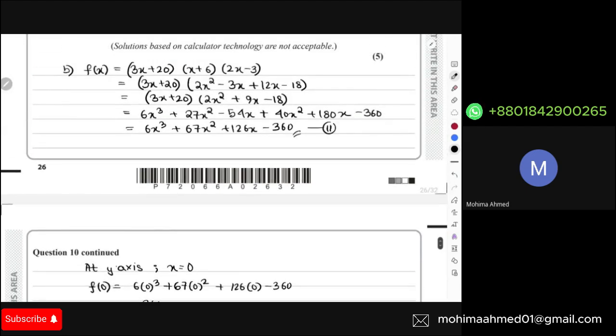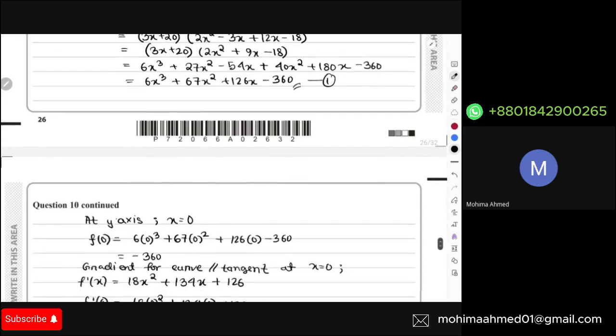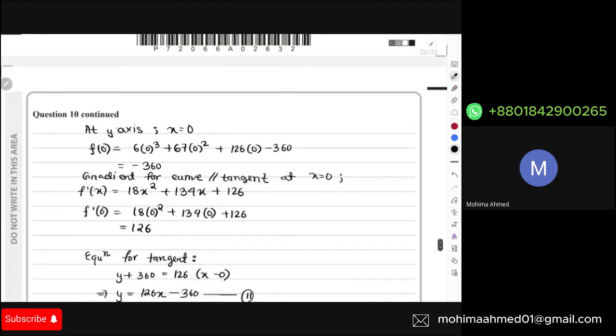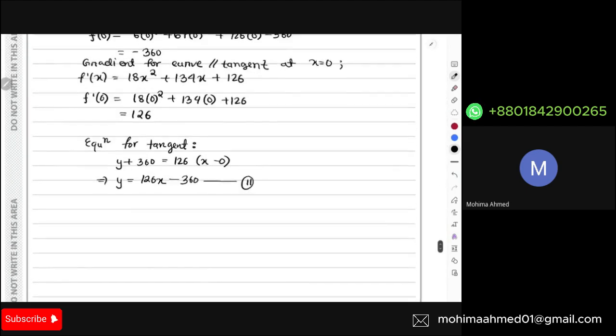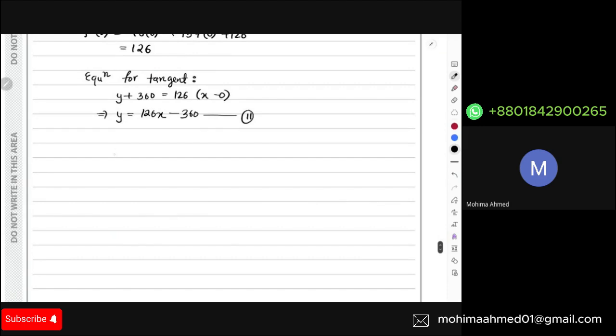If you substitute them, you'll be able to find the x coordinate of your point P. So for the final x coordinate of point P, I just have to substitute 1 into 2, and I'm going to get 6x cubed plus 67x squared plus 126x minus 360, and there also I get 126x minus 360.